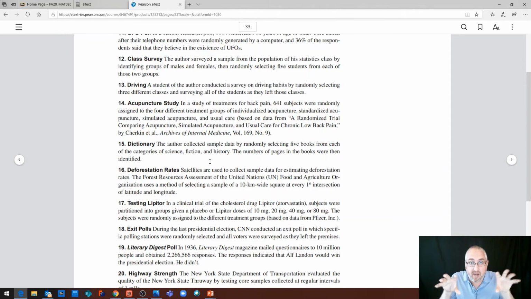So if they're only taking 5 out of each one, but then they're looking at all of the pages, the number of pages in each of those 5 books is what's being used as your sample data. So I say that leans more towards all of some. All of the page numbers were recorded in some of the textbooks from those genres, out of all the population of genres.